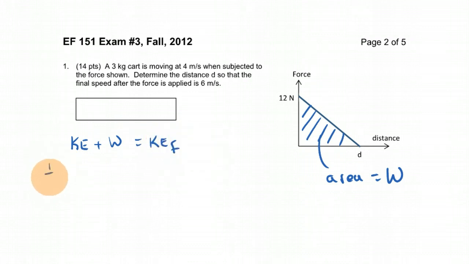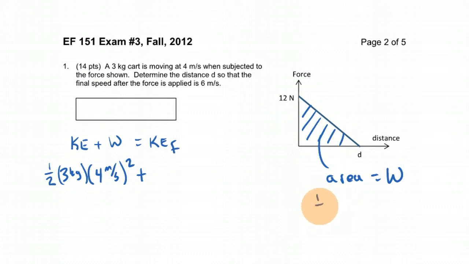Okay, we have 1/2 mass, 3 kilograms. Okay, its initial velocity, 4 meters per second, plus work. Okay, that's the area. Okay, we'll calculate the area as it's a triangle, 1/2. The base is d, it's our unknown, that's what we're going to solve for, and the height is 12 newtons.